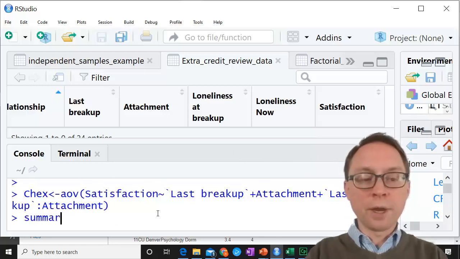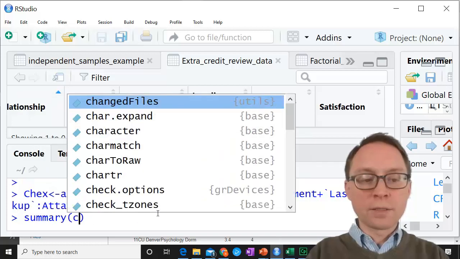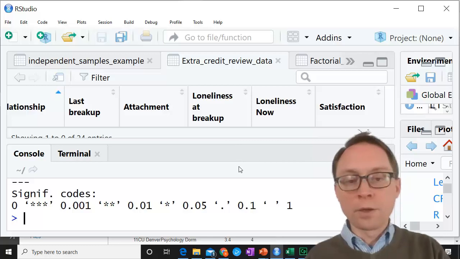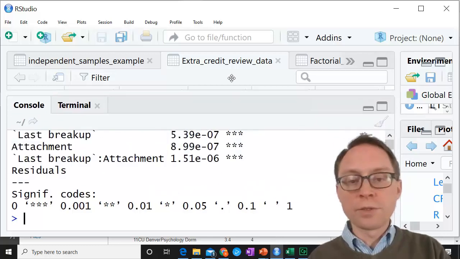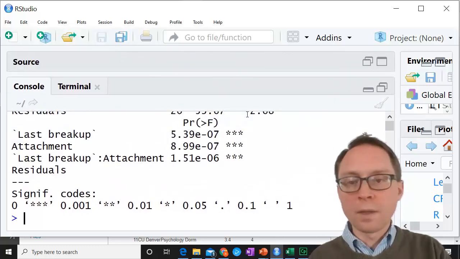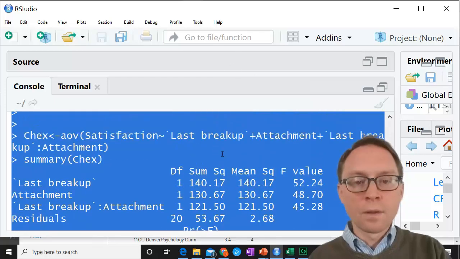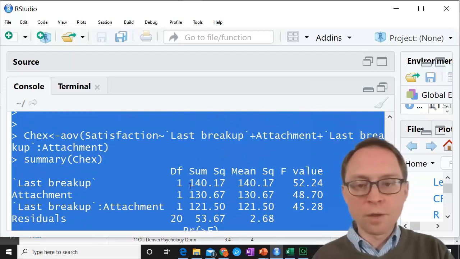Then when I get the summary of checks, here's what I get. So let's make sure you can see this. What you see, unfortunately, isn't fitting in my whole screen because these are long.